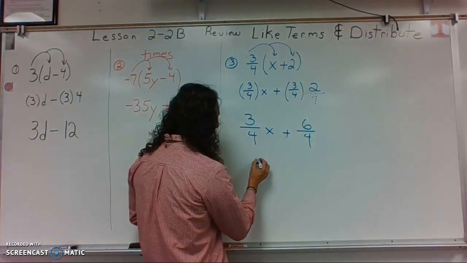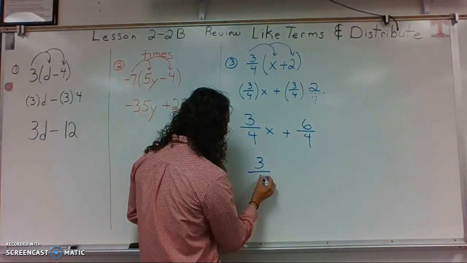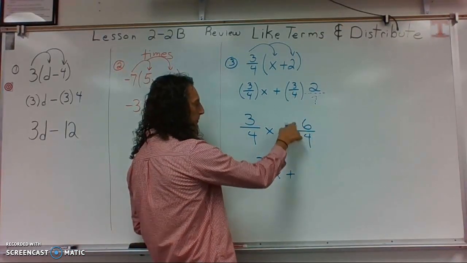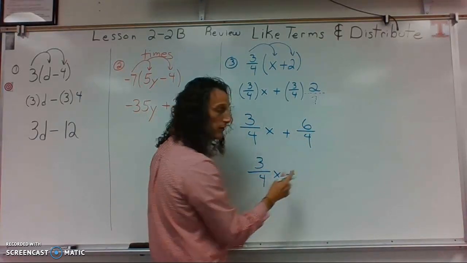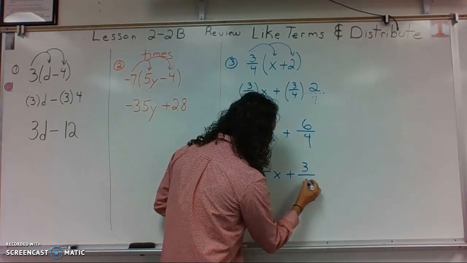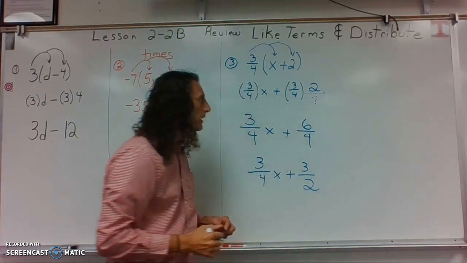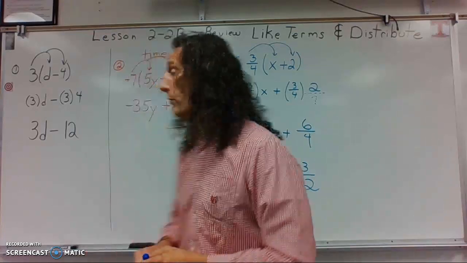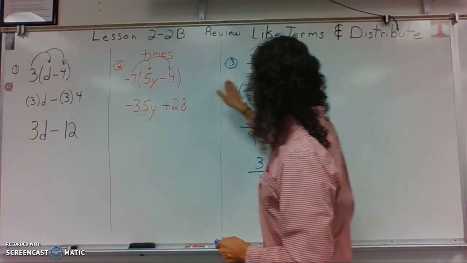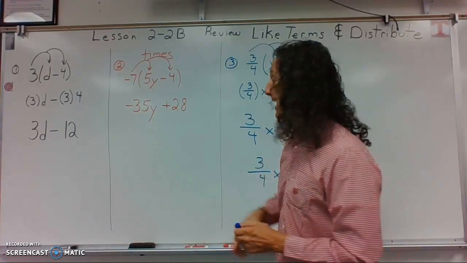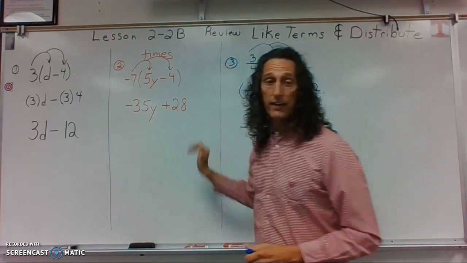So your final answer would be 3/4 x plus, and if you actually type that into your calculator, it will come out as 3/2, right? So that's the distributive property, right? Of multiplying the number in front to get rid of the parentheses and get us to this simplified state.